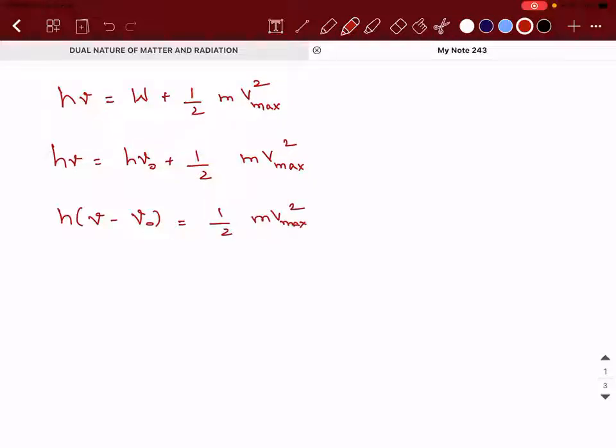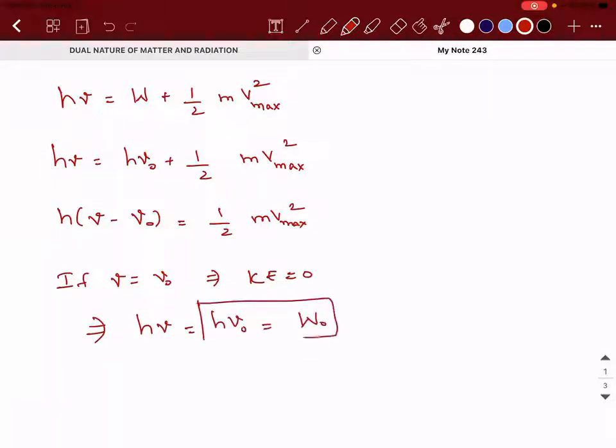At this point, if nu is equal to nu naught, it implies kinetic energy is zero. When kinetic energy is zero, h nu is equal to h nu naught, and in this case, h nu naught is what is called the work function.